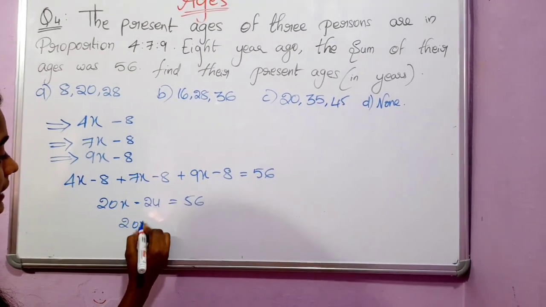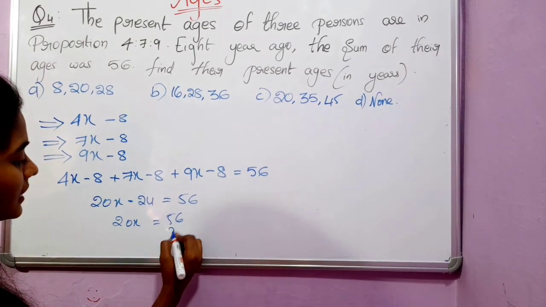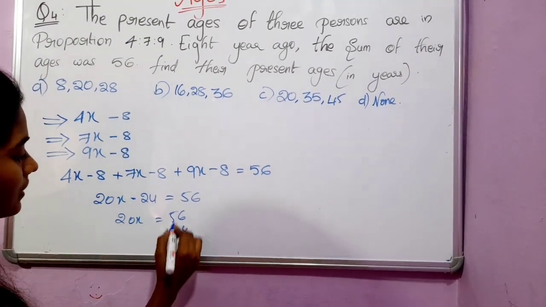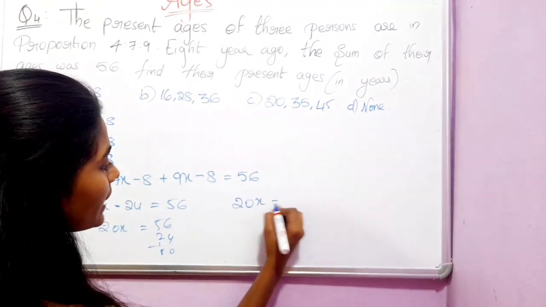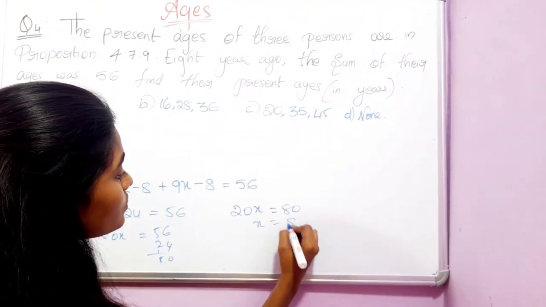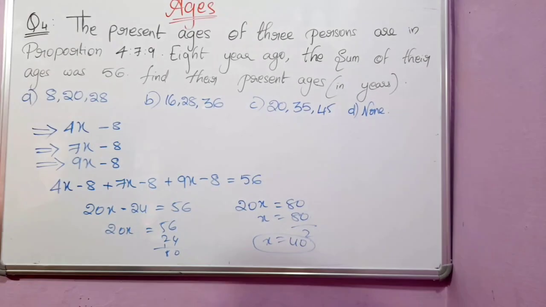And 20x equals 56 plus 24, that is 80. 20x is equals to 80, x is equals to 80 by 20, x is equals to 4. Here x is equals to 4.